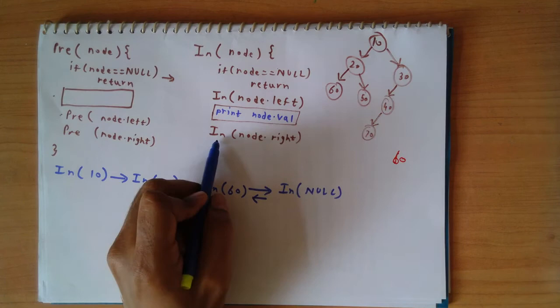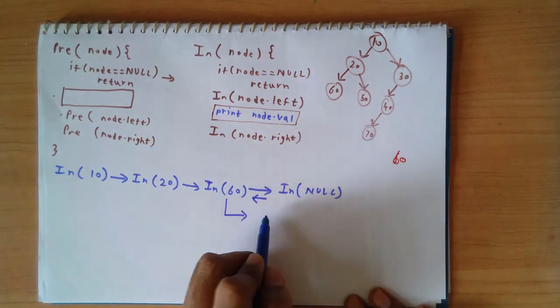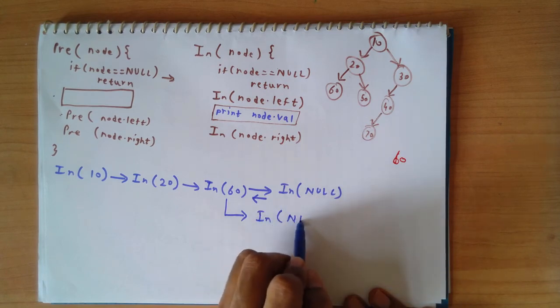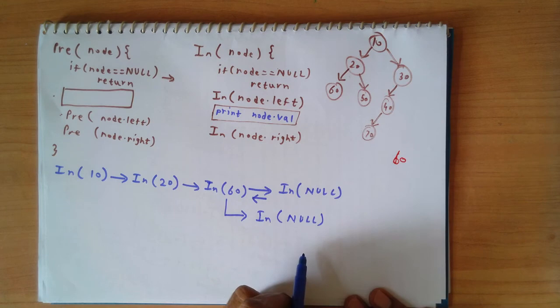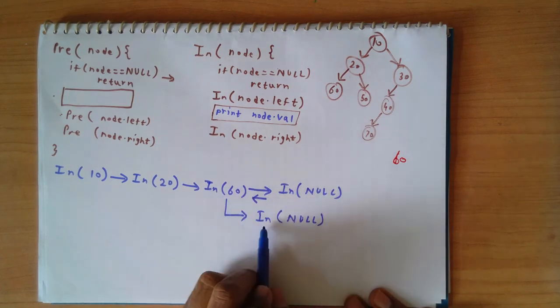And then I have to do the in-order traversal on the right child. So I'll give a call to the right child of 60, which is again going to be null. So I'll have an in-order traversal call on null, and I have to pause the execution of 60 and go to this new call.